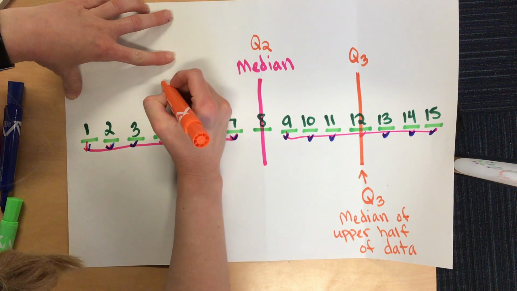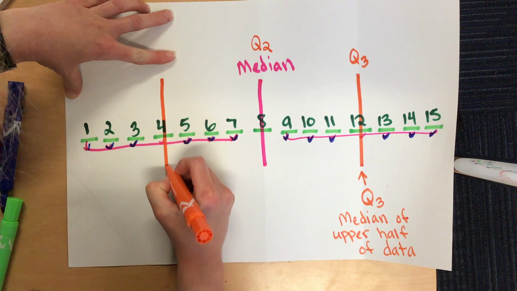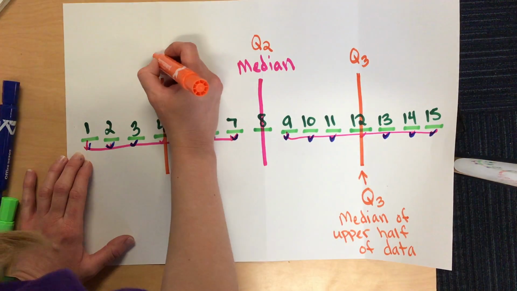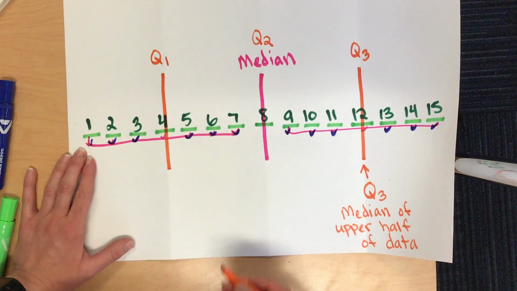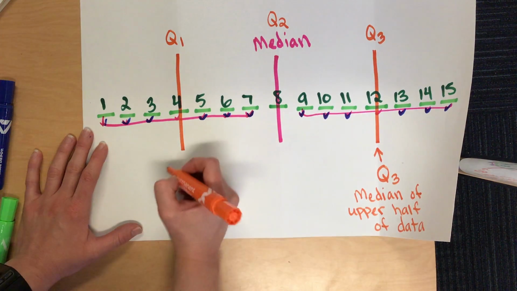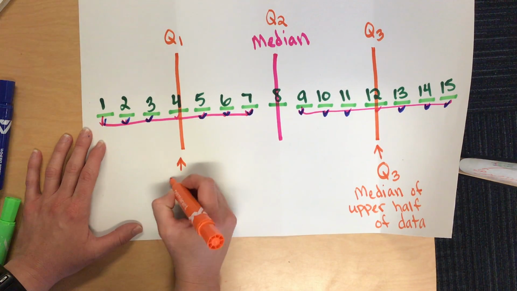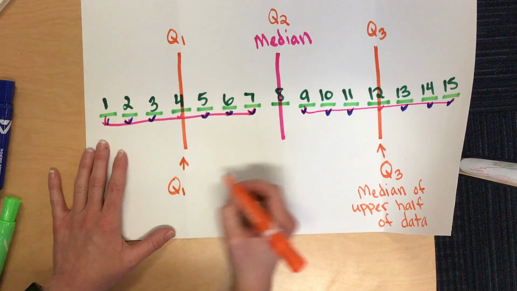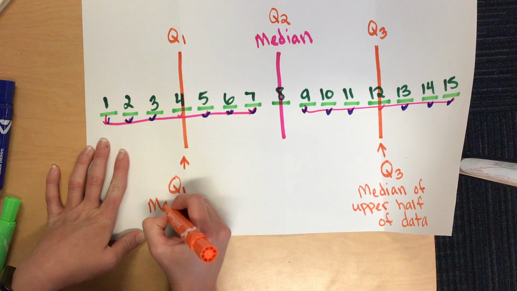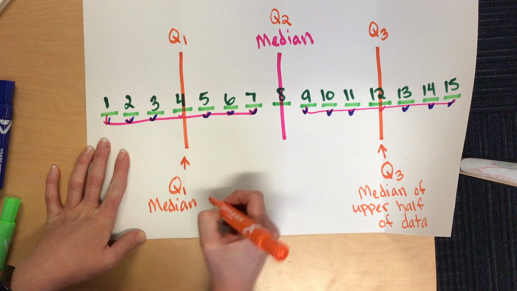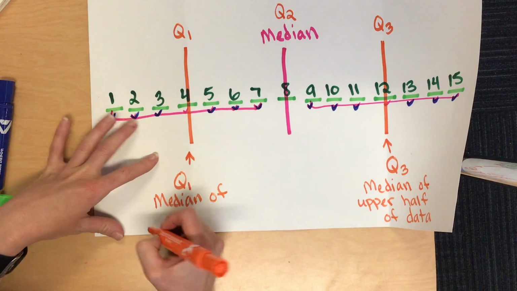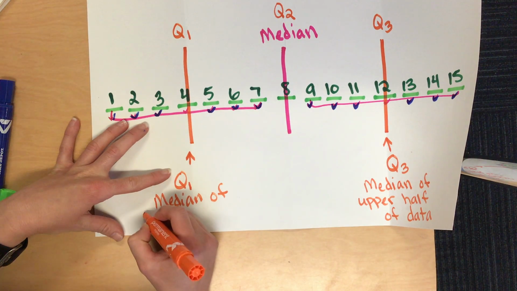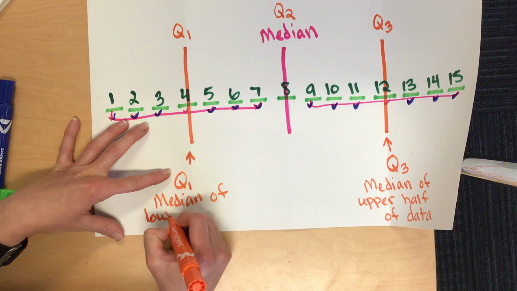This is our Q1, quartile 1. And we know that our quartile 1 is the median of the lower half of data.